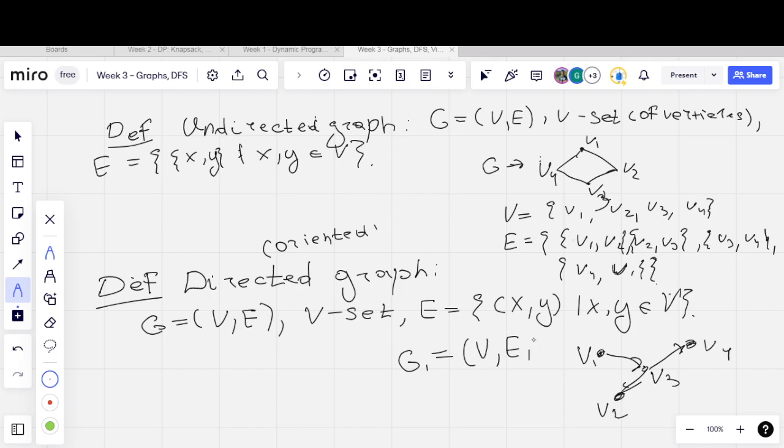And edges will be pairs: (v1, v3), (v3, v4), (v3, v2). It's all. Okay.